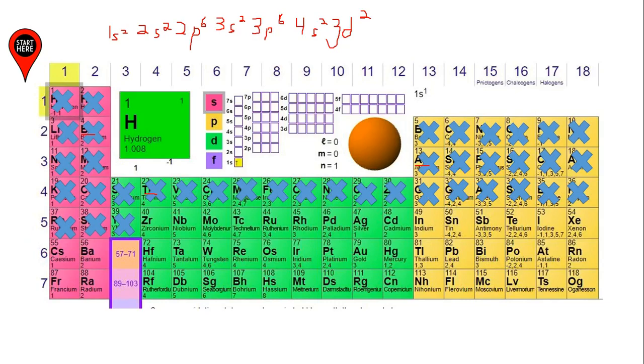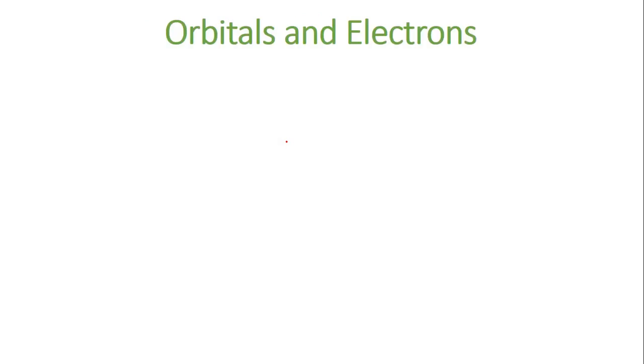Then 5s, 1, 2, and then row -1, so 4d1. And then this here, if we head back to indium, that would be row 5p. So 5p, 1, 2, 3, or whatever you need to do there. All right, hopefully that helps walk you through those. So you don't have to memorize all that craziness.